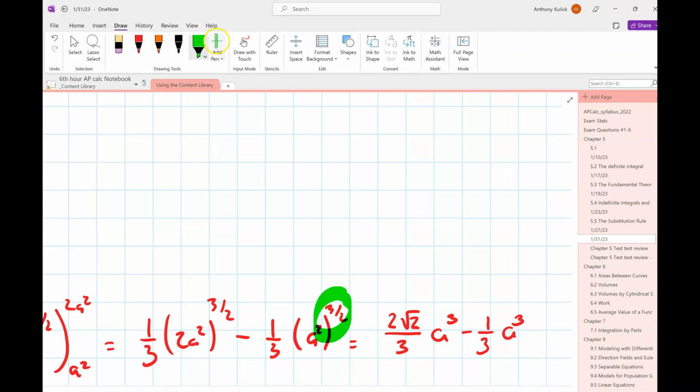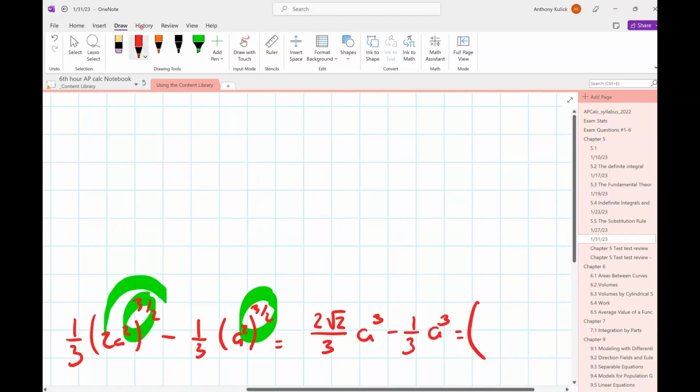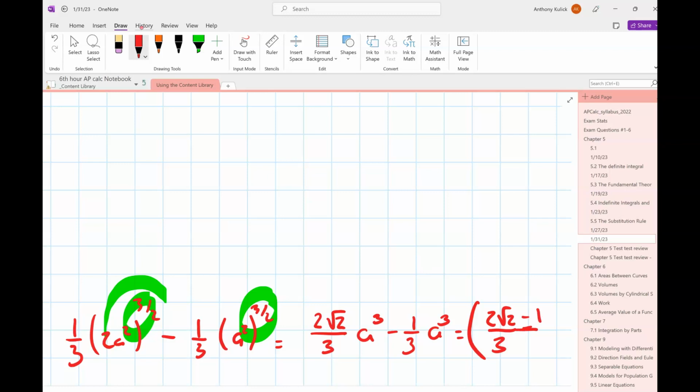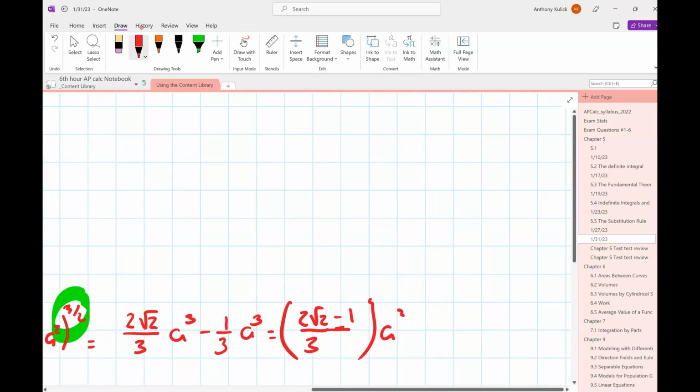So multiply the exponents to get the a to the 3rd. And then I also have a 2 to the 3/2. That's 2 cubed, or 8 to the 1/2, or the square root of 8, which I simplified to 2 root 2, which probably in the answer key they would write maybe even this way, would be my suspicion.